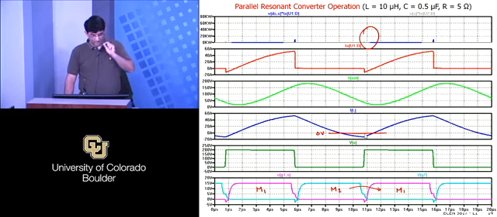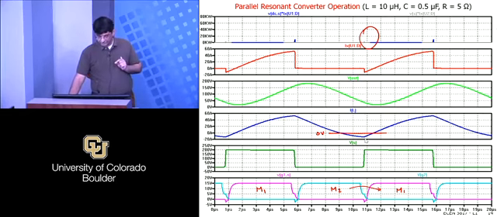What you really have to have is enough energy in that inductor to be able to charge and discharge those capacitors, right? So it's not that it's negative, it needs to be negative enough that there is enough energy in that half L i squared energy to charge and discharge those capacitors. We'll look at that more carefully later.